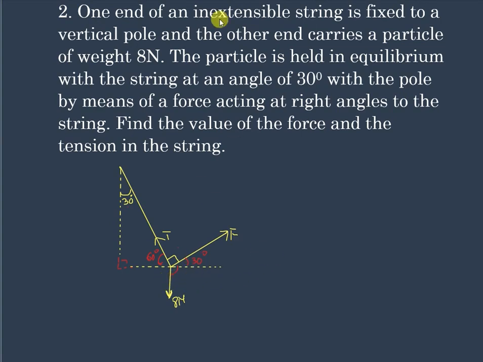So if I use Lami's theorem to work this out, I now have that F divided by sine of 150 degrees is equal to T divided by sine of 120 degrees. It is equal to 8 divided by sine of 90 degrees, because for the 8 newtons here, the angle opposite is 90 degrees.